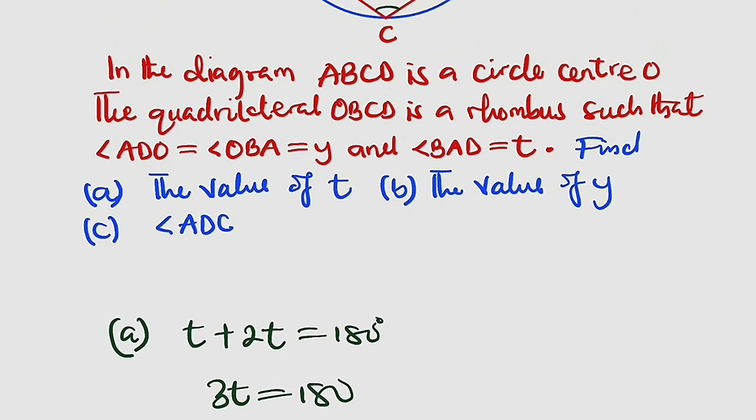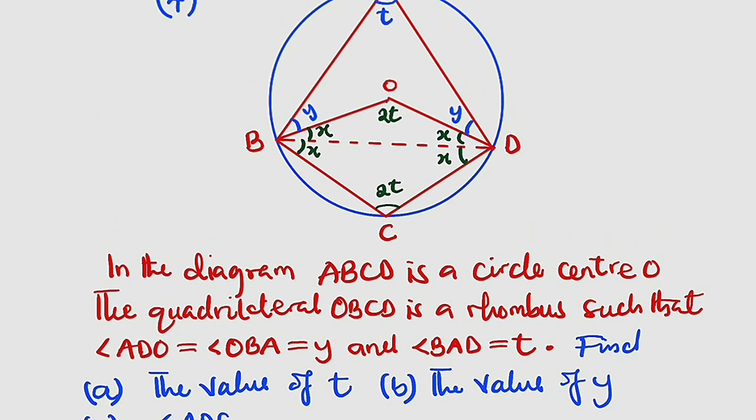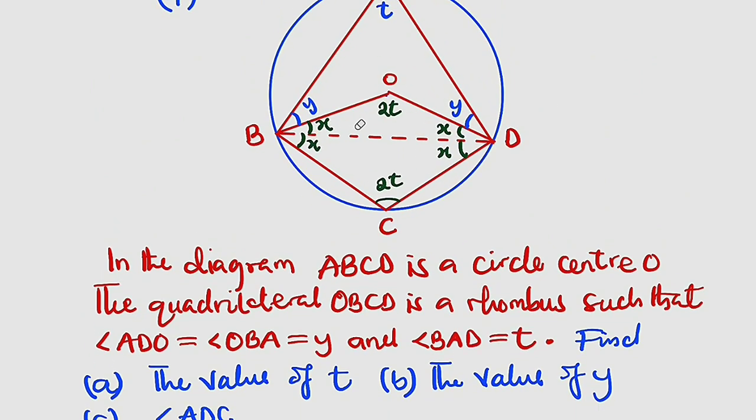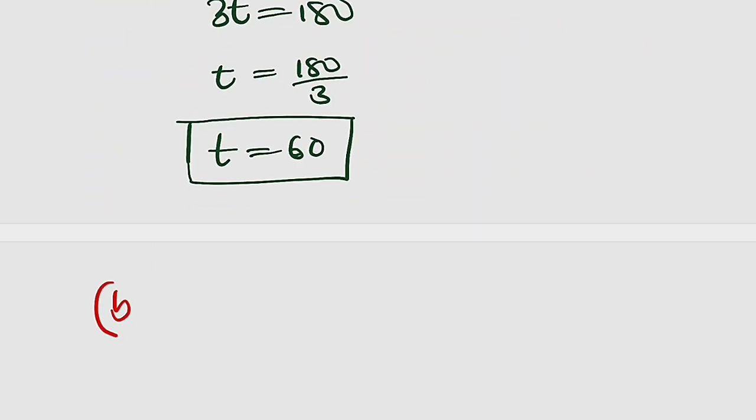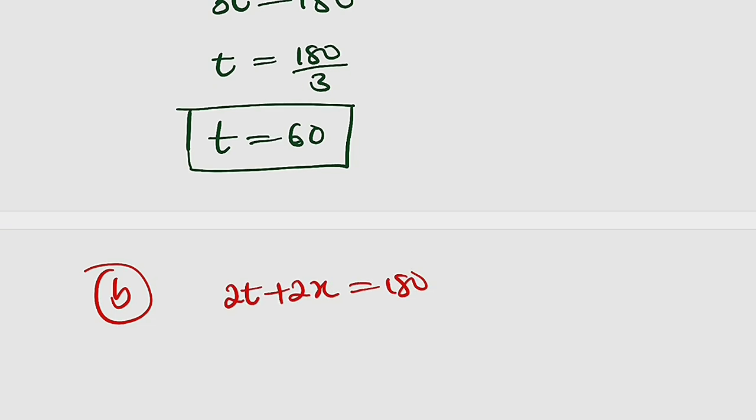Then the B part, we're asked to find the value of y. How can we find it? Remember that this is a triangle, and the sum of all the interior angles of a triangle equals 180. So by adding 2t and 2x together, we shall obtain 180 degrees. Remember, our main target is to find the value of y. We have 2t plus 2x, that is 180 degrees.